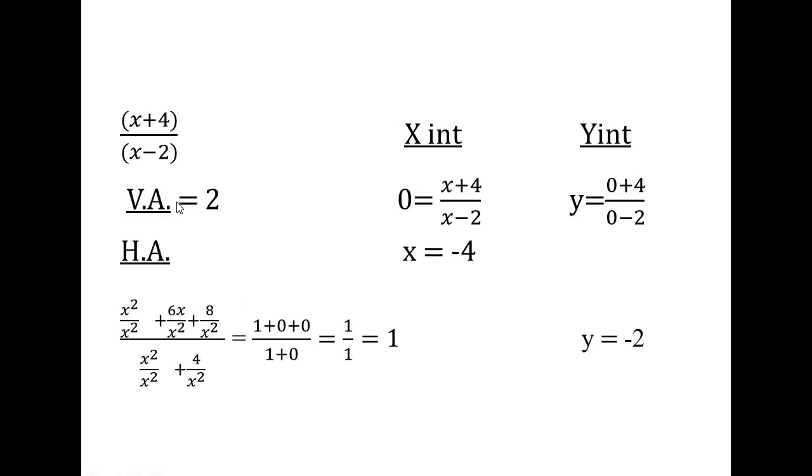As we move on, we need to find the vertical asymptote, which is taking the bottom part of the function and solving for x, which gives you 2. For the horizontal asymptote, you take the original or simplified equation and divide all the terms by the highest power, then simplify.